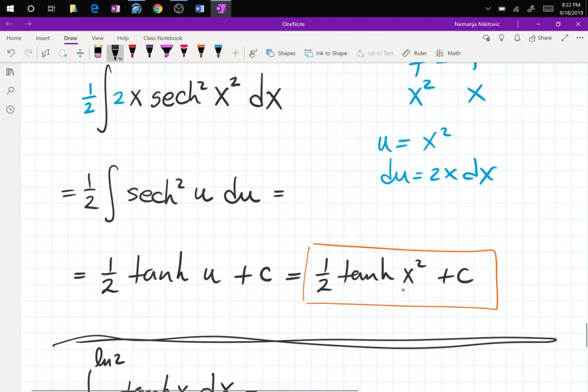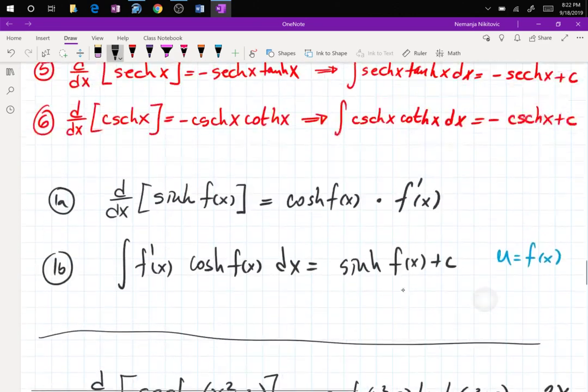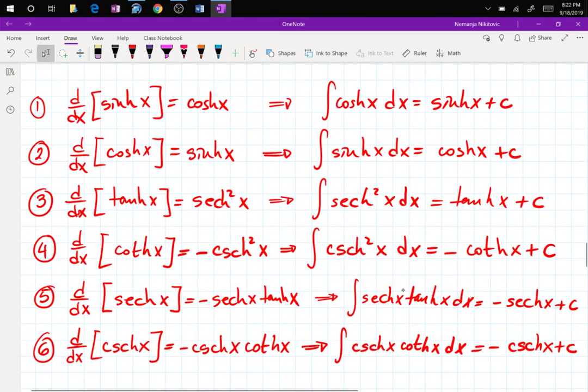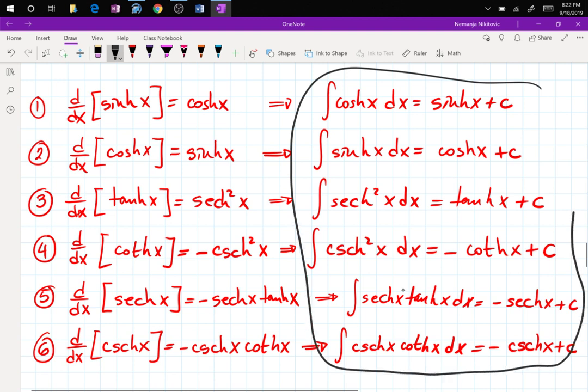Let's go look at the integrals on that list I gave you. Is there an integral of a tangent on the list of integrals? No. Good. Is the integral of a tangent hyperbolic a basic function? No. Okay, so how do I do this problem?